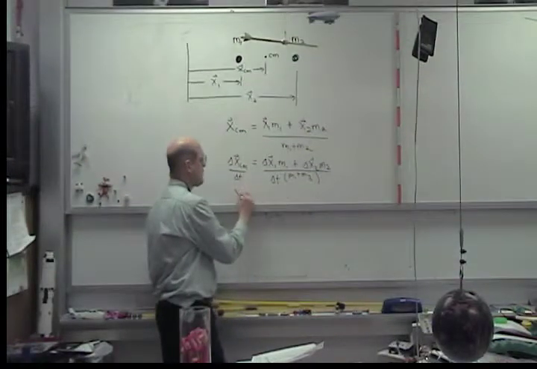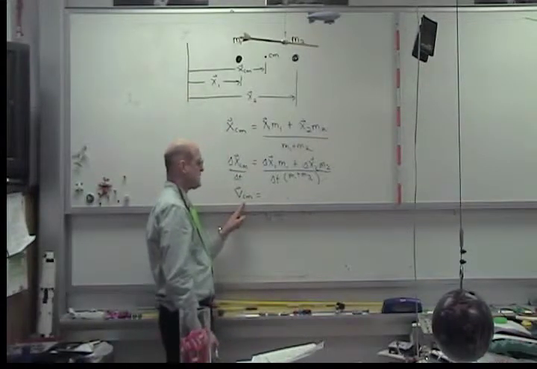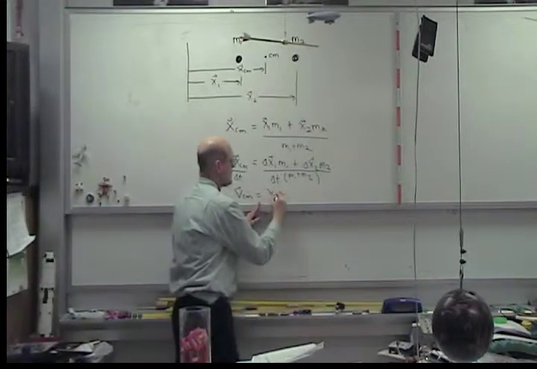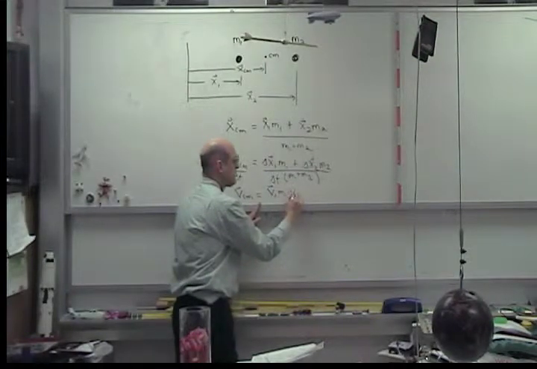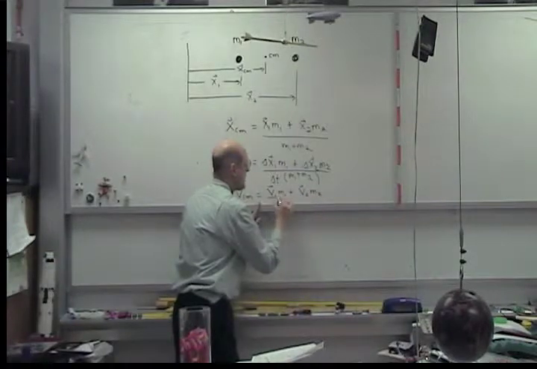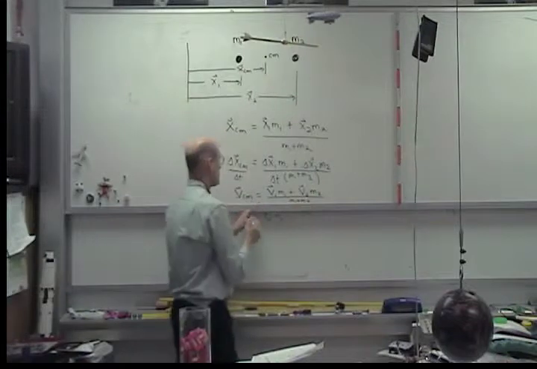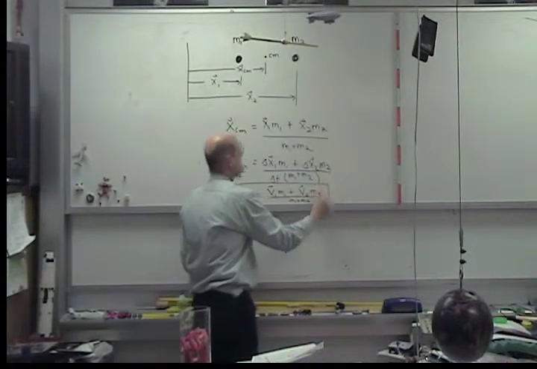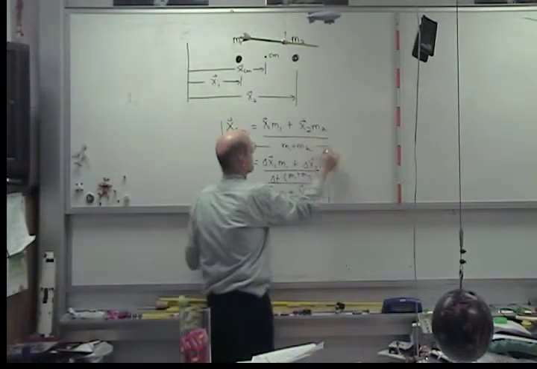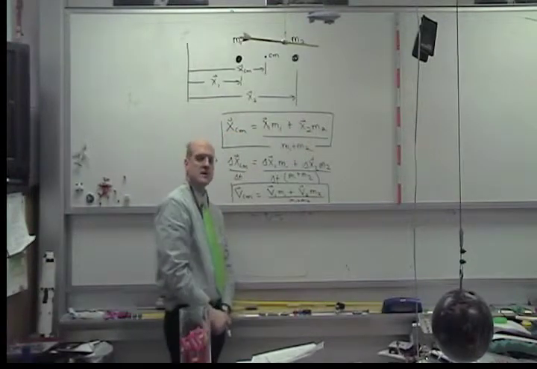So our equation for the instantaneous velocity of the center of mass is VCM is equal to V1 M1 plus V2 M2 divided by the mass of the system. So this equation and this equation are handy equations when working with center of mass.